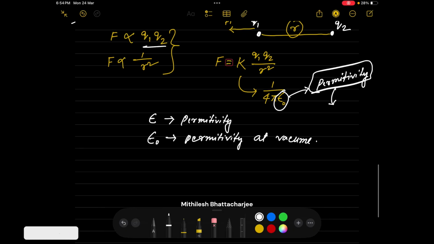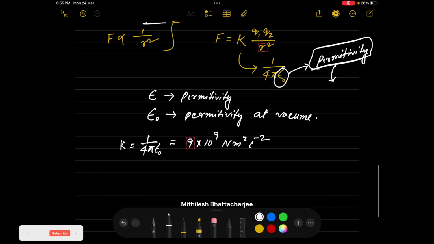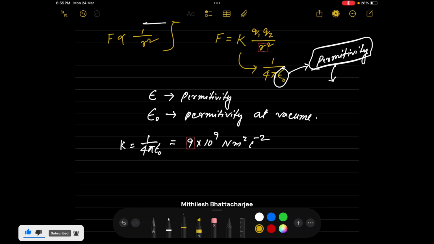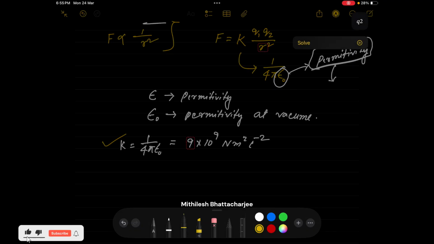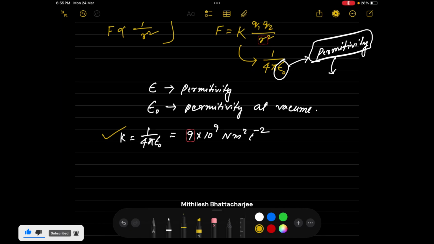If it is the permittivity of vacuum, then the constant K will be 1 by 4 pi epsilon naught, which equals 9 into 10 to the power 9 Newton meter square by Coulomb to the power minus 2. Just know this value, because in numericals this value may be required.